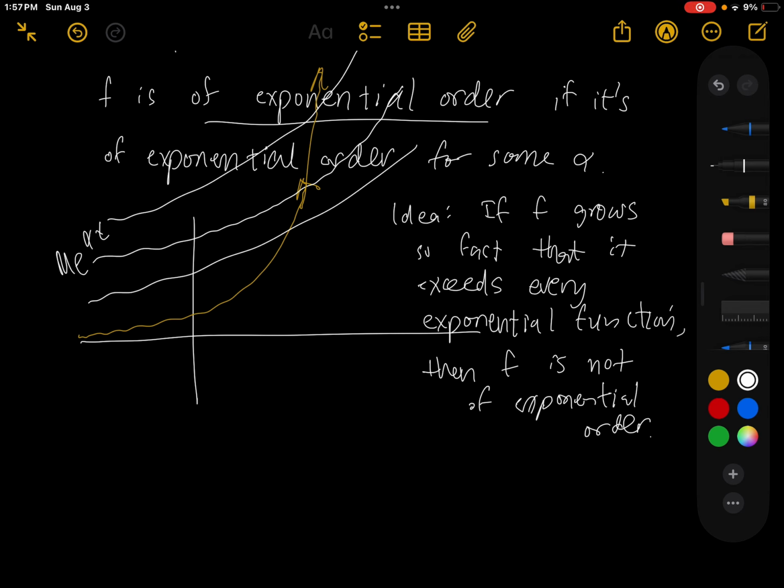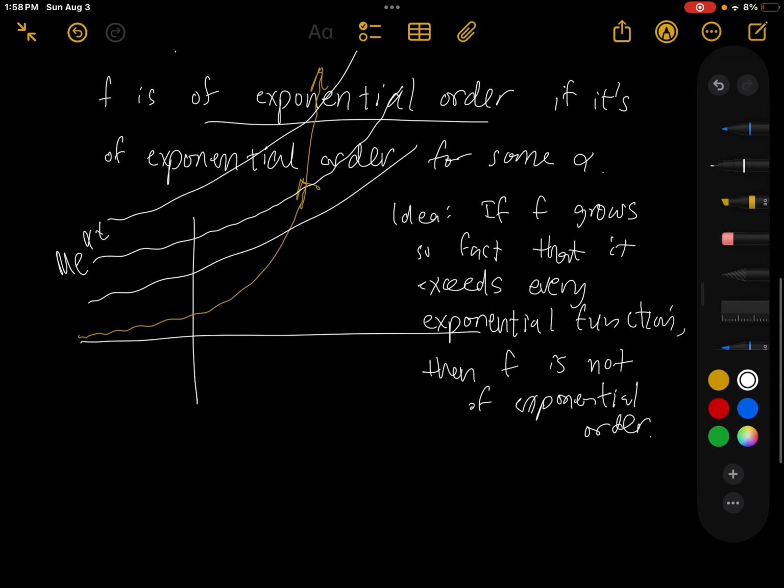There are lots of m e alpha t's because there's lots of different alphas and lots of m's, but if your little f is going off to infinity so fast that you're not able to eventually be always above the absolute value of f using one of these m e alpha t's, then your function is not of exponential order.